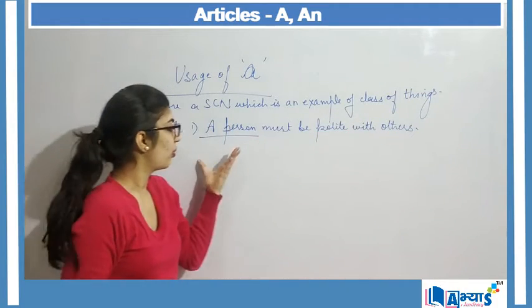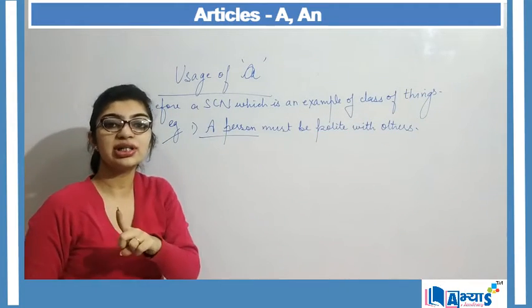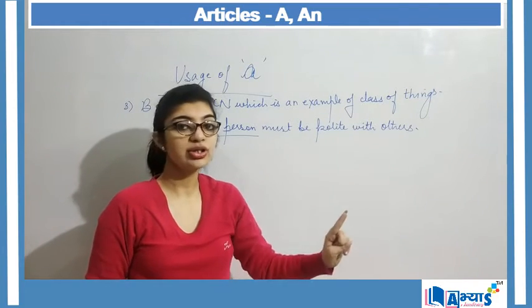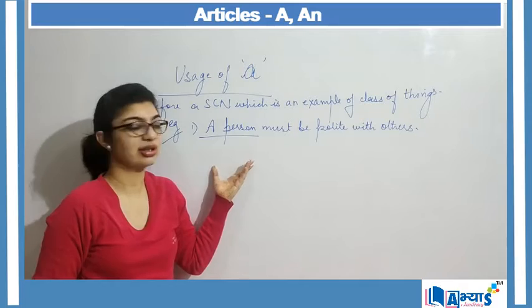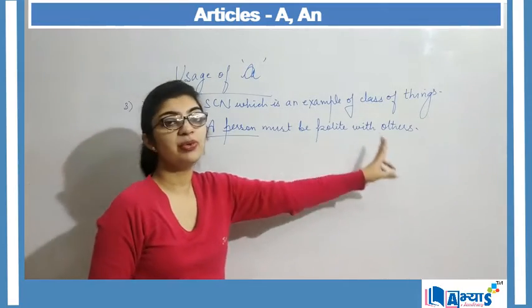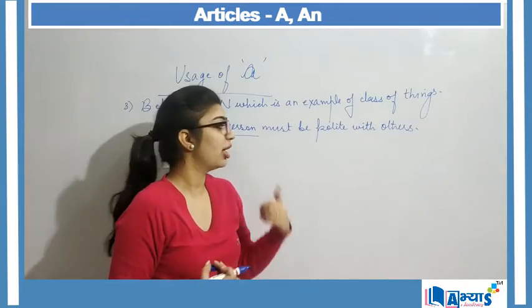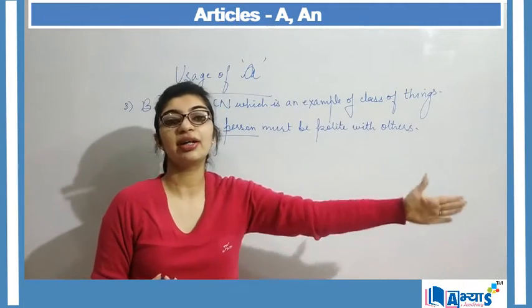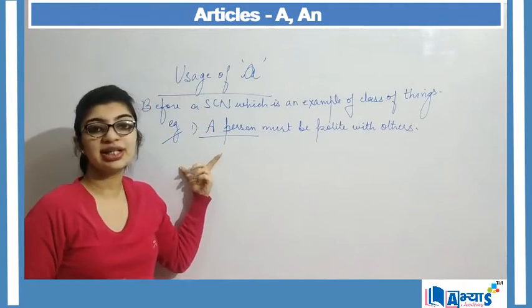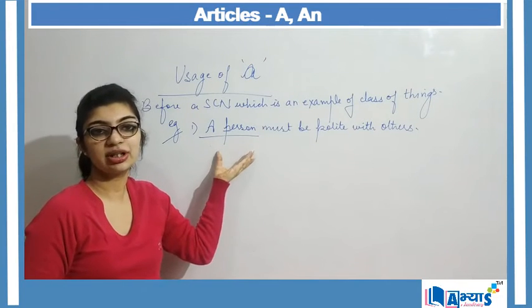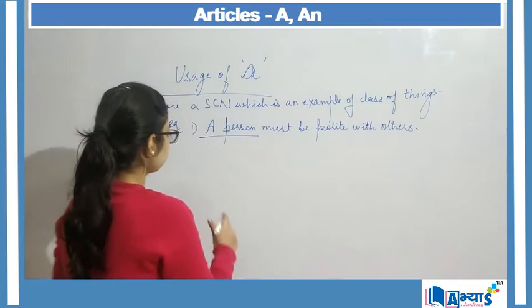Here with relation to one person, I am speaking about the rest of the people. I am not just talking about that single person. A person must be polite with others means that we all people must be polite with others. So here person is a class of things. We are just categorizing a particular person, right?